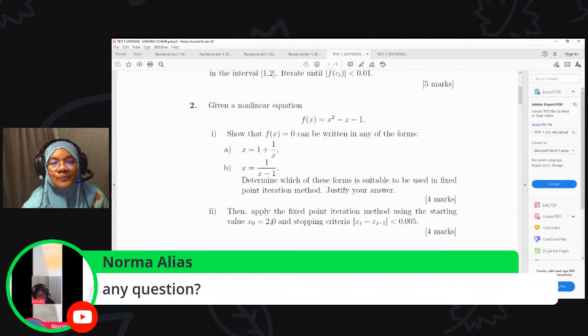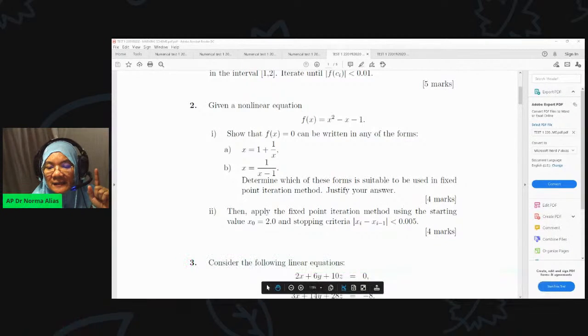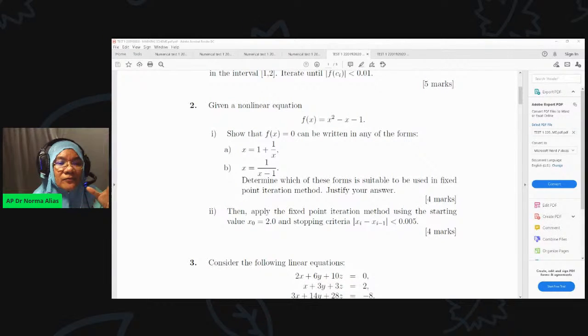Now you need to remember, when you want to apply the fixed point iterative method, the first thing you need to remember is the g that you create from the given A and B here.